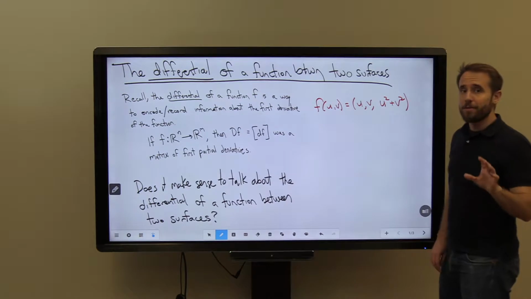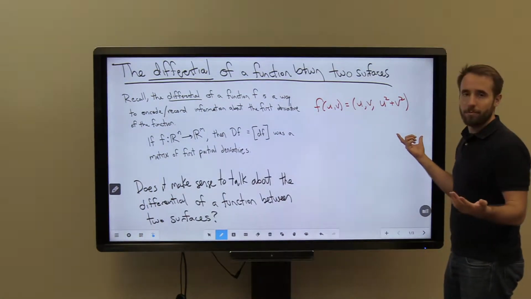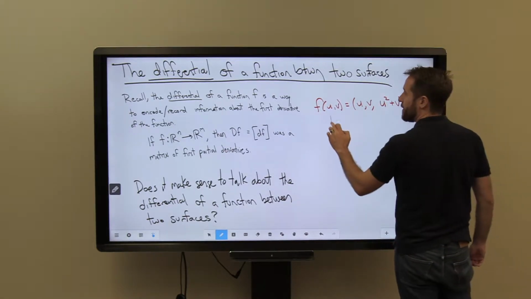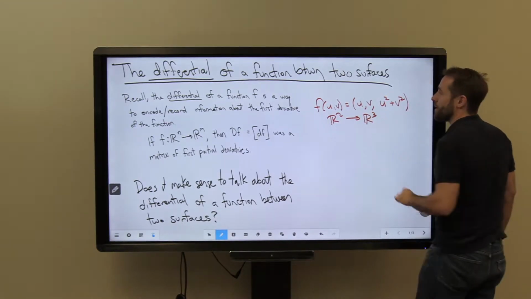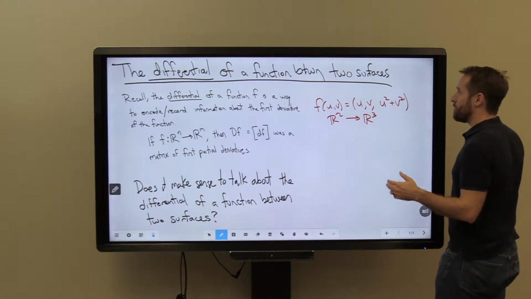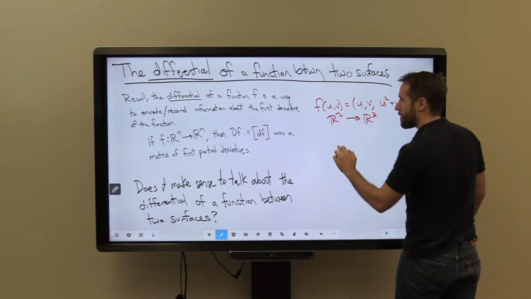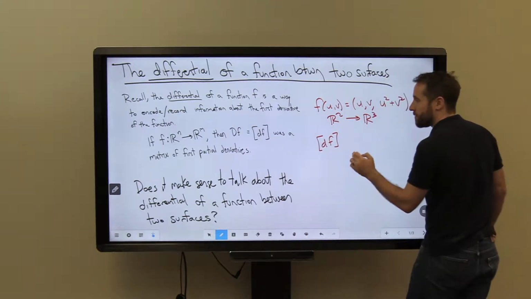This is a parameterization of a surface. We've seen examples like this before. This could also be thought of as a function mapping R2 into R3. And so the end result would be a 3 by 2 matrix for our differential, which we would denote as df in its matrix form.